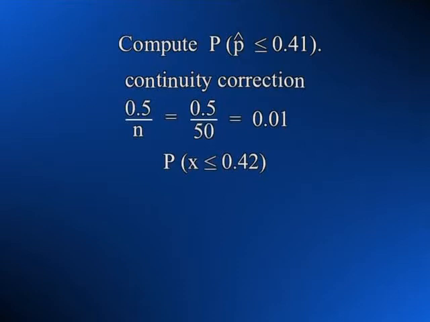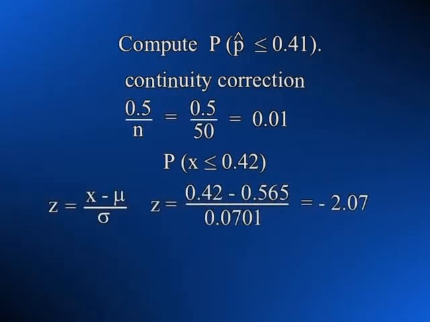Now we change the x of 0.42 into a z value by using the same relationship that we did before, and we find that the z value is negative 2.07. So we're finding the probability that z is less than or equal to negative 2.07. We use the table to find that value to be 0.0192.